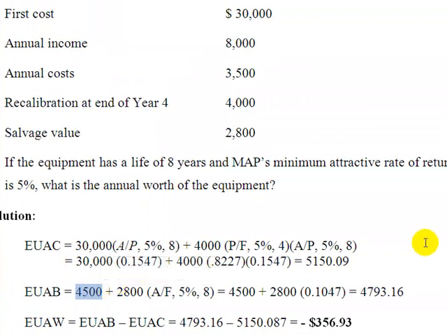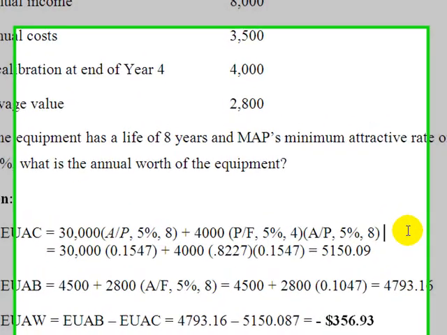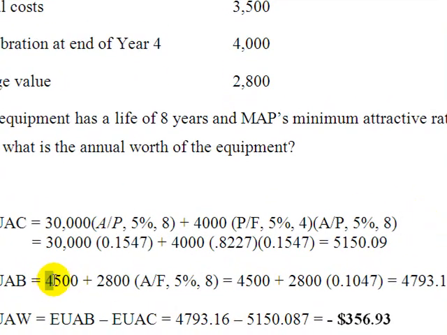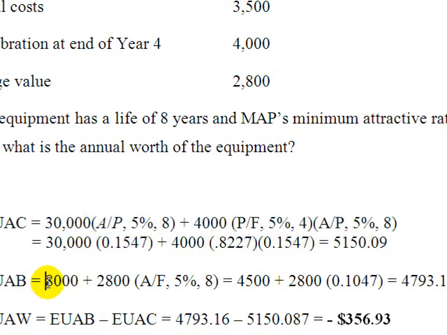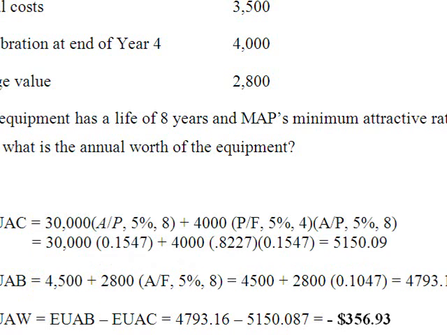If you had added the cost of 3,500 there, then you need to add the full benefit, the annual income 8,000, in this EUAB formula. But since we have not added the annual cost in the first expression, we can directly write 4,500 here. That's one positive cash flow.